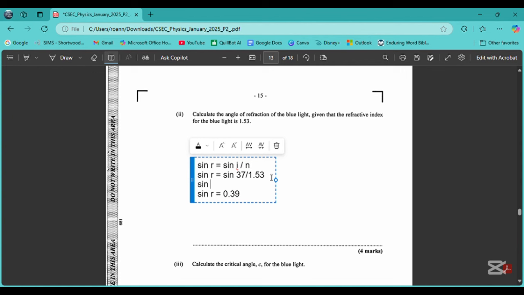Want to put in as many steps as we can to ensure that we get all our marks. So 0.6 over 1.53, and that is sine r is equal to 0.39. However, we don't stop here because we're not trying to find sine r. We need to find r. So r would be equal to sine inverse 0.39.